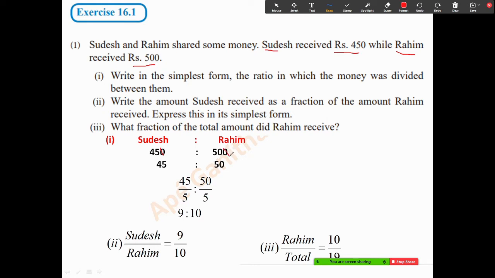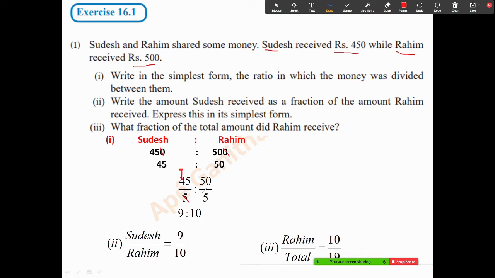Cancel 0 from each component. Now 45 remain from here. 50 remain from here. This is not the simplest form yet. We can divide both components by 5. Divide 45 by 5. 5 into 9, 45. Here 9.